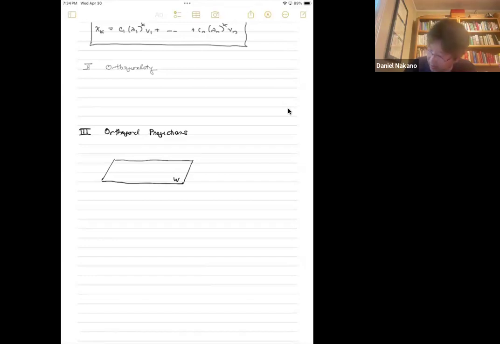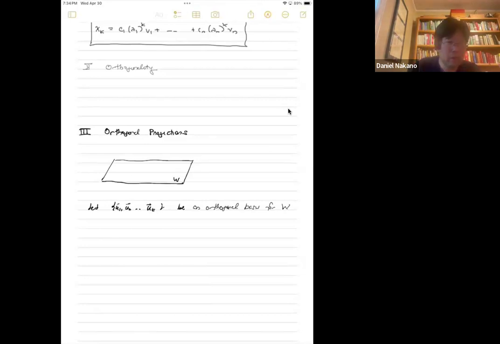Actually, just an orthogonal basis. So let u1, u2, up to ut be an orthogonal basis for W.